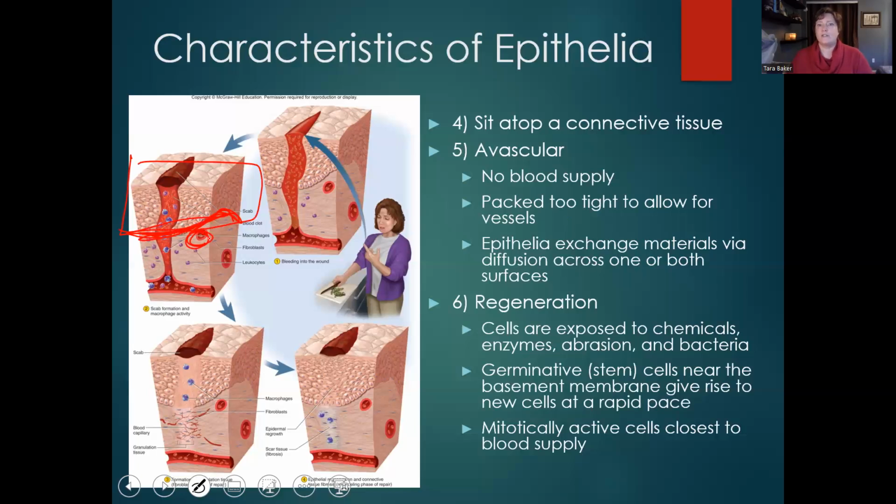Okay, another characteristic of epithelia is that these cells regenerate really, really well. They are actually made to die and be replenished really quickly throughout your entire body. Like your skin, that skin is dried out. That skin is far away from a blood supply.